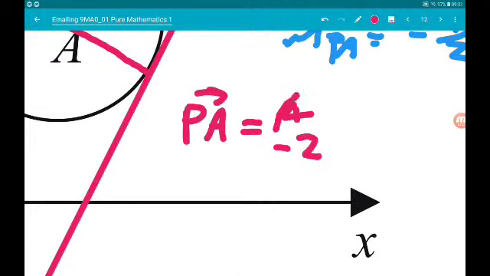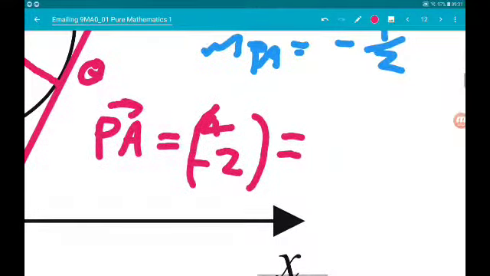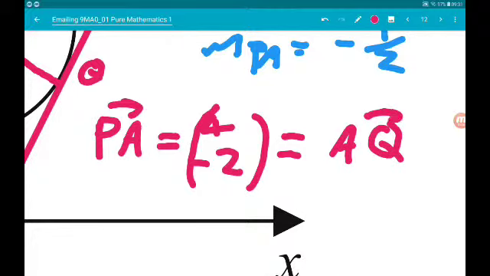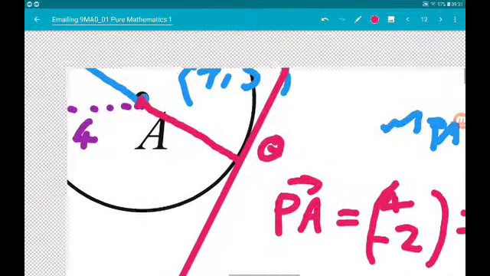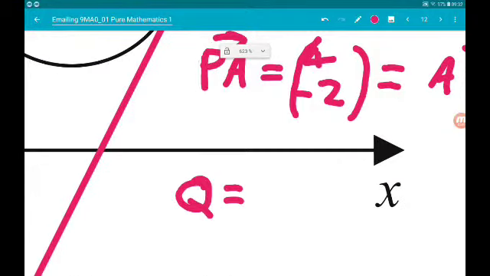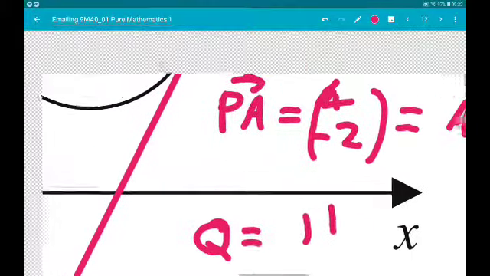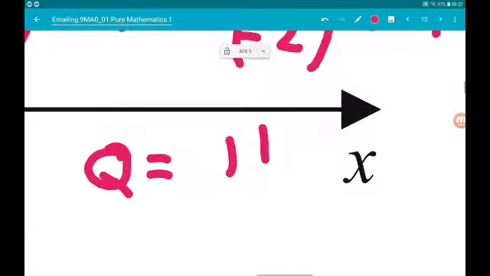Now that is exactly the same vector as A to, let's call this point Q, A to Q. So Q is going to have coordinates 7 add 4, which is 11, and 5 minus 2, which is 3.